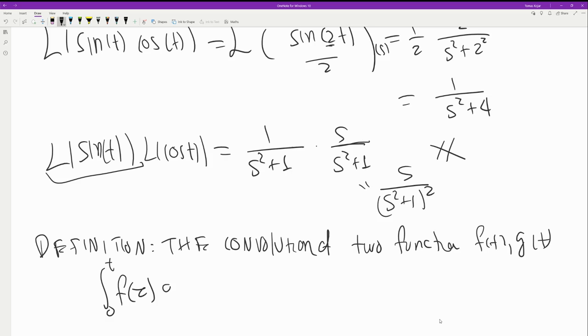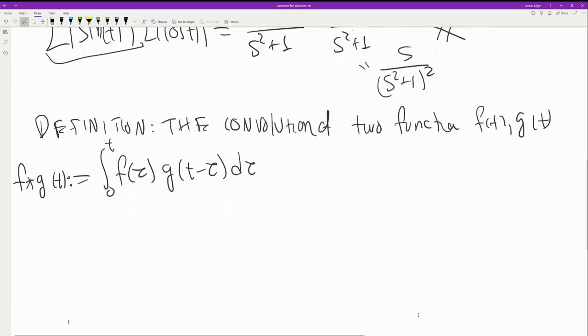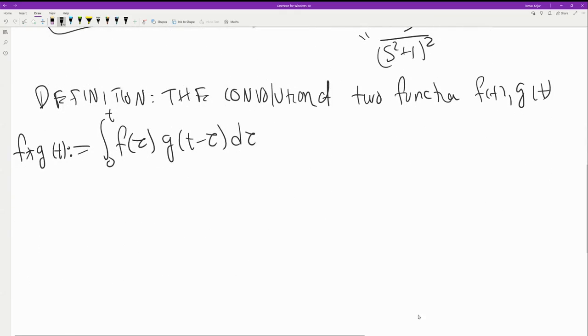The integral of f(tau) g(t minus tau) d tau. So this is the convolution of f and g. So here's the following theorem: the Laplace transform of f convolved with g.